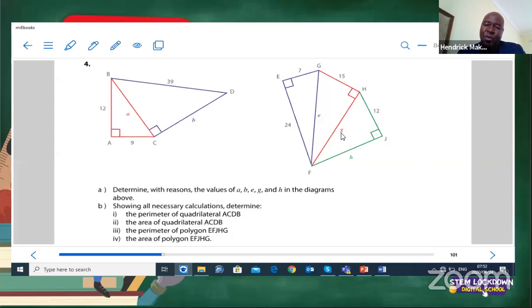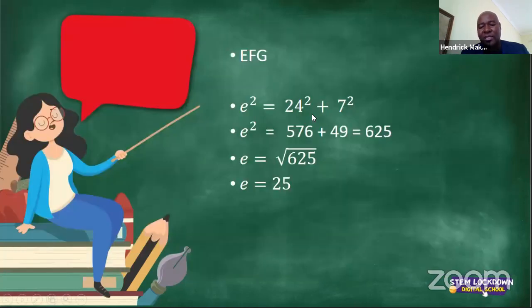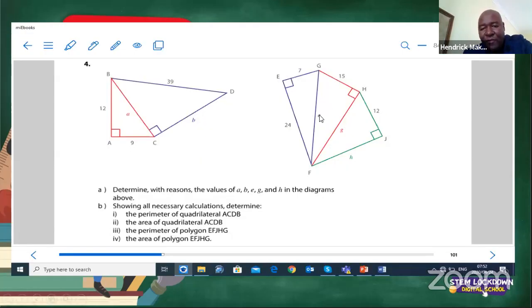Thereafter, we now have to find G. As shown in the previous solution, e is 25. So if e is 25, then let's find G now. Now remember that e is your hypotenuse side. So you have 25 squared is equal to e squared plus G squared.